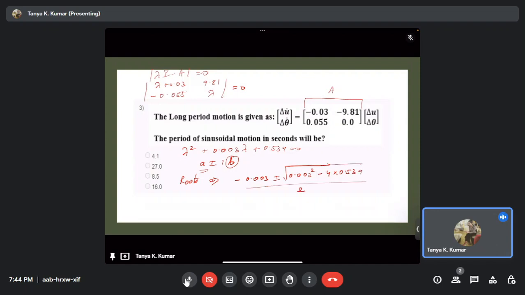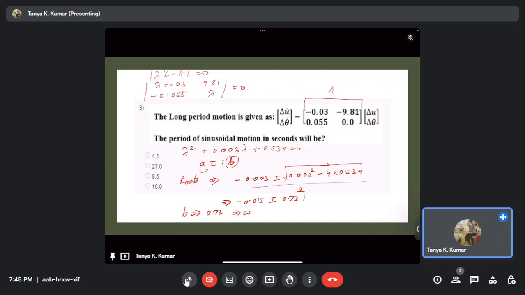So what are the values? Minus 0.015 plus or minus 0.73i, correct? So this b is 0.73, which is nothing but the frequency.